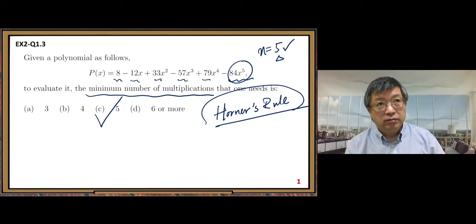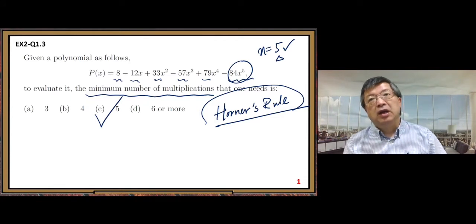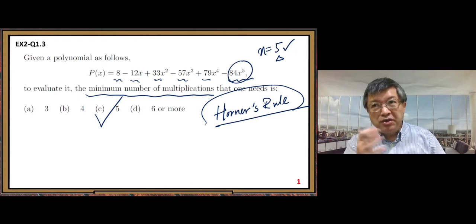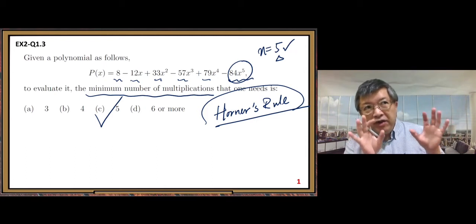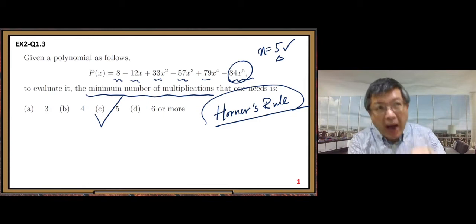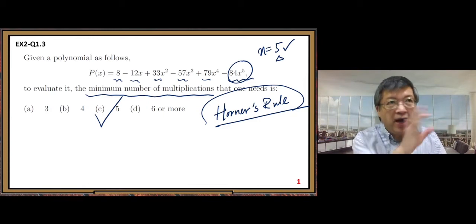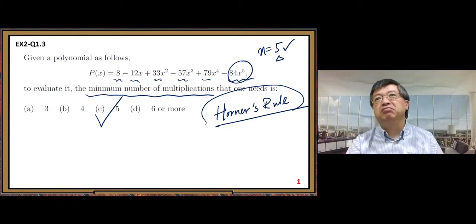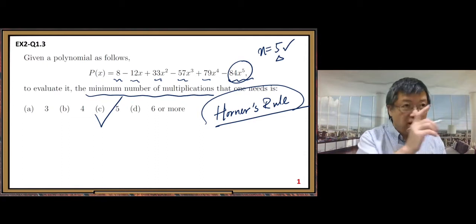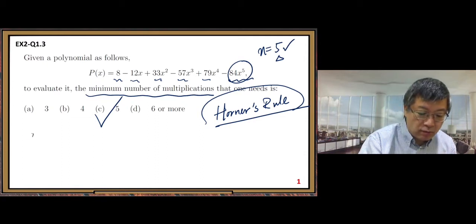It looks like no obvious pattern here. But the reason I mentioned this is that if the coefficients follow some special pattern, then the answer could be different. So here, I just raised the question.